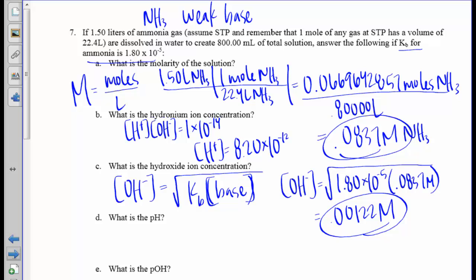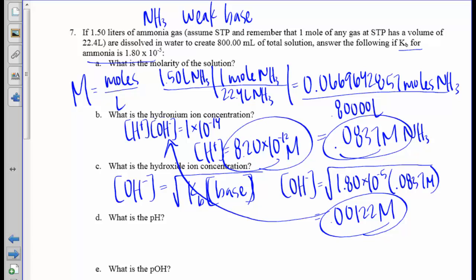I'm going to let you try that out yourself to make sure that you are coming up with the same number that I am. So plug in the hydroxide ion concentration here and solve for the hydrogen ion concentration. And you should come up with 8.20 times 10 to the minus 12 molar.